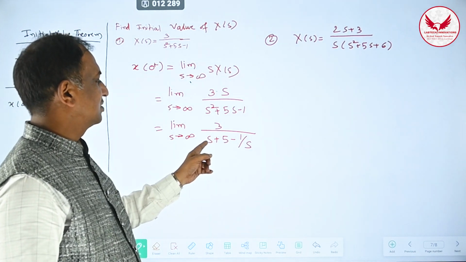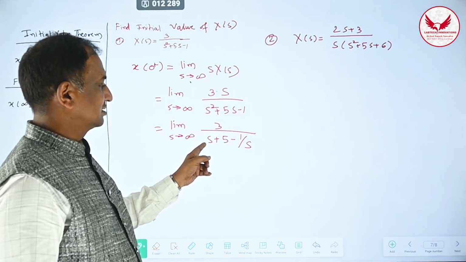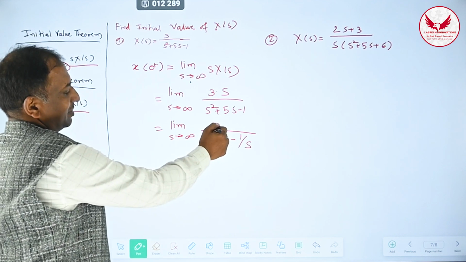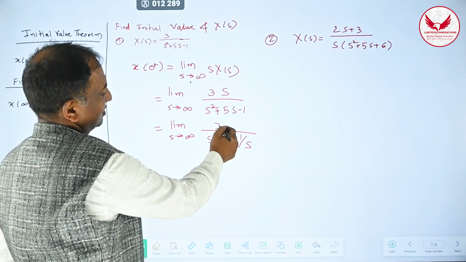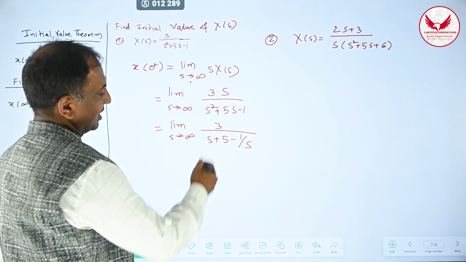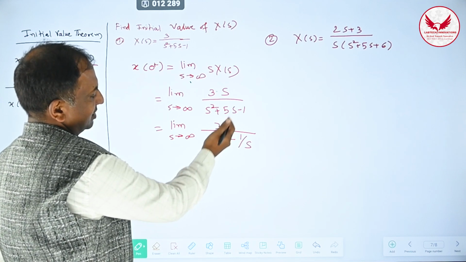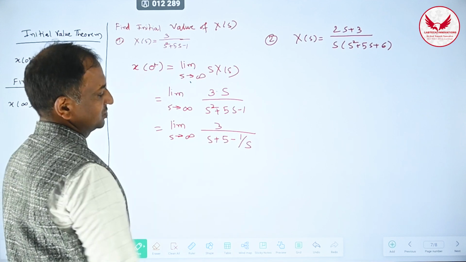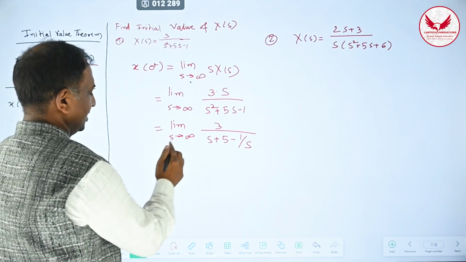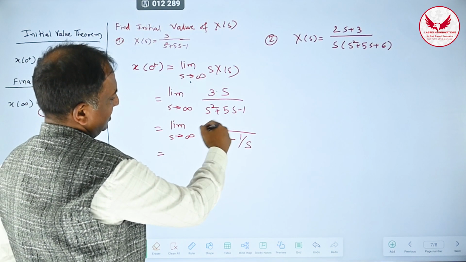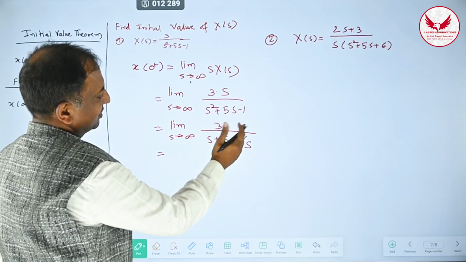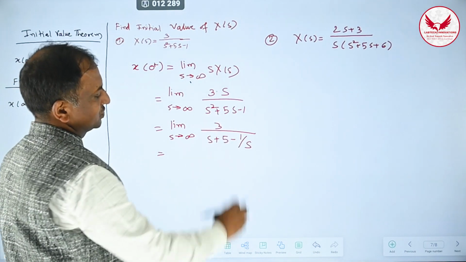Here it is not possible to convert the s to 1 upon s, because again it would become 3 divided by s, and its value would become 0. So you cannot go beyond converting all the terms to 1 upon s. So now this is the final form, with all the terms converted to 1 upon s.